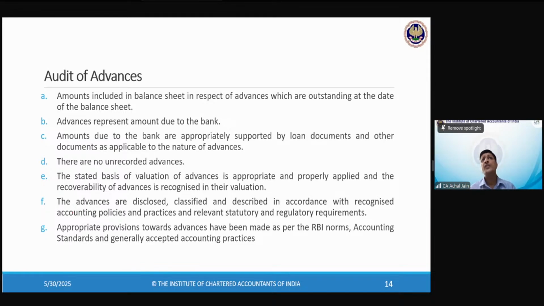Further, in relation to the advances, we also discussed that there are some RBI norms in relation to their classification, in relation to their income recognition. Because the income which the bank will generate will be from advances only. Yes or no? That's the core business. That's the core activity for a bank.